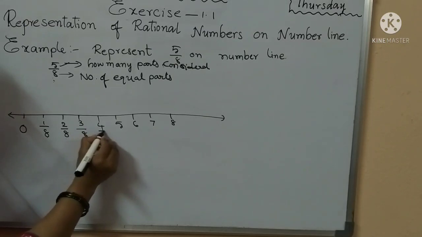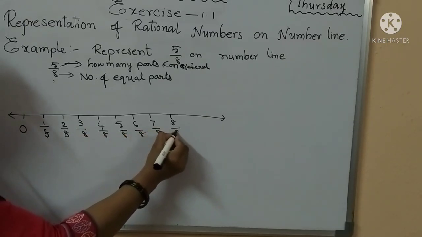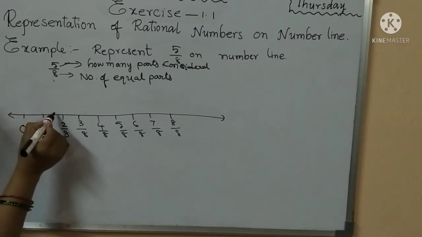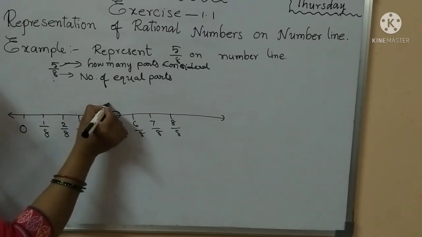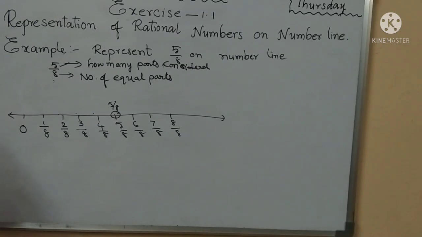Each one we should write with denominator 8. The denominator tells the number of equal parts. The numerator 5 tells how many parts are considered: 1, 2, 3, 4, 5. So it is 5 by 8.